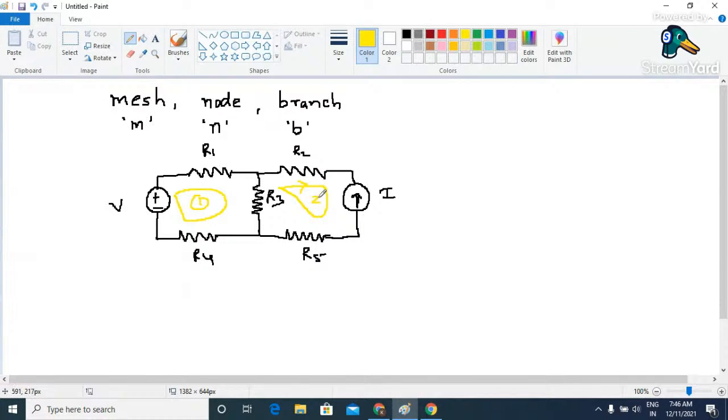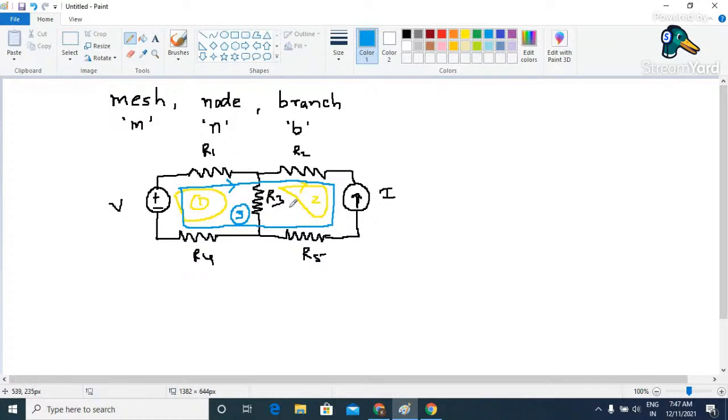So this will be your closed path 2. And then it is possible that we start from this voltage source, say positive polarity, continue like this through these circuit elements, and again come back to this particular point. So this will be closed path number 3. So in this particular structure, we have three closed paths.